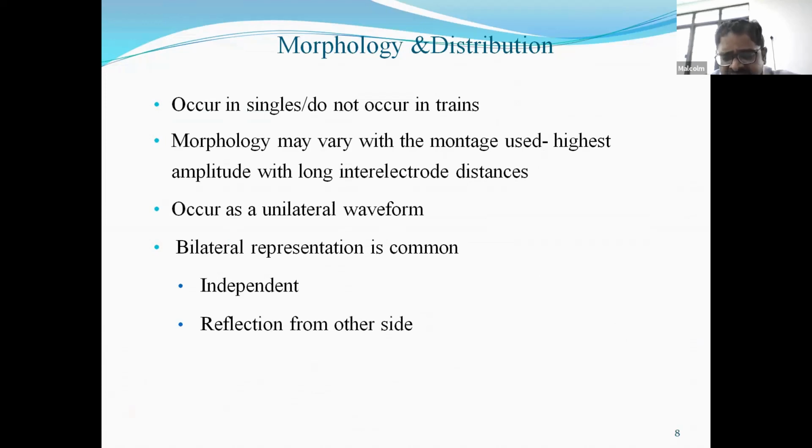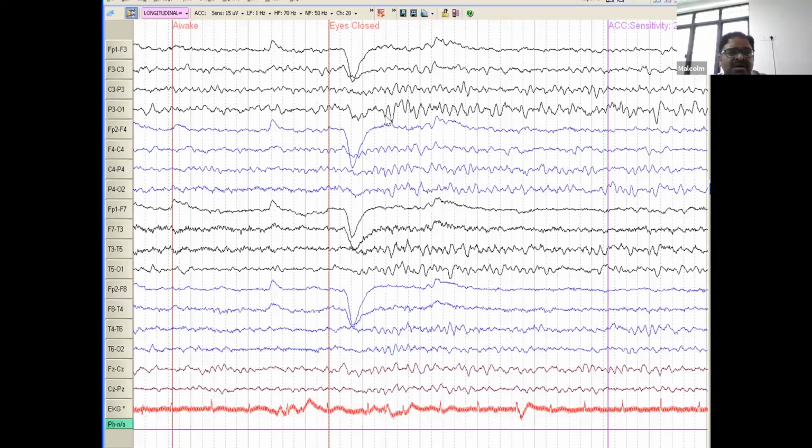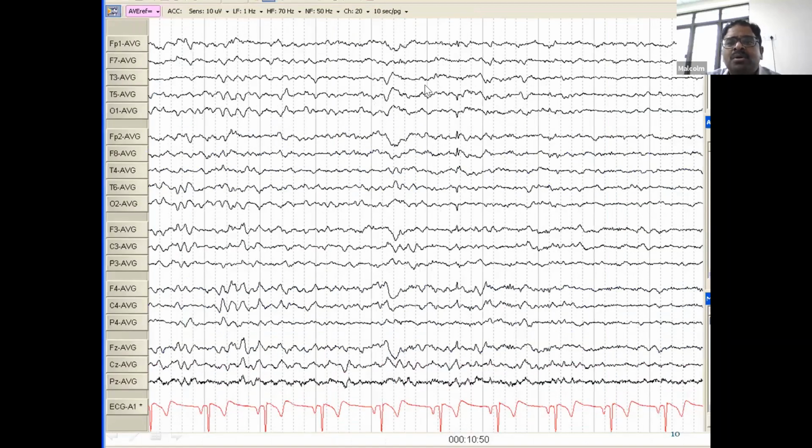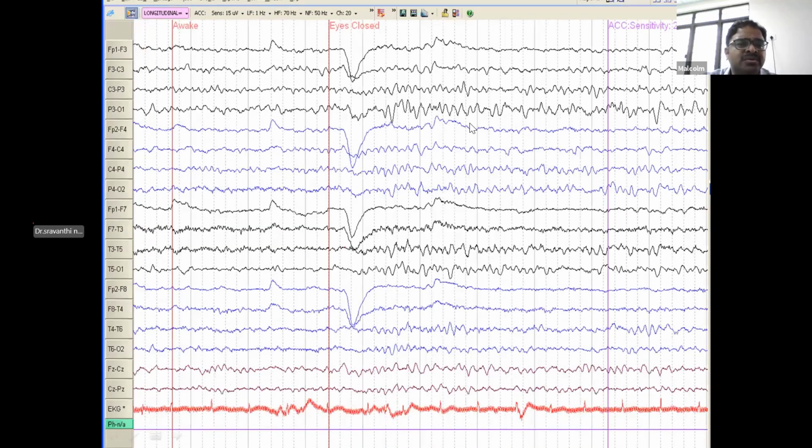I will discuss all these points in the subsequent EEGs. So this is a double banana montage with a normal background activity in an awake state, the patient having a blink response.